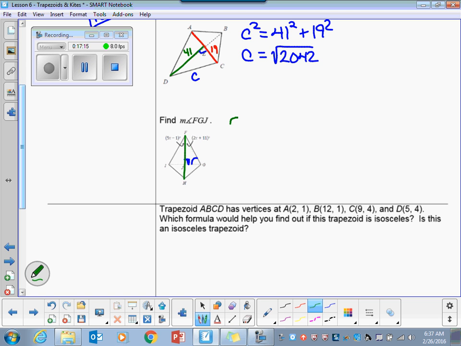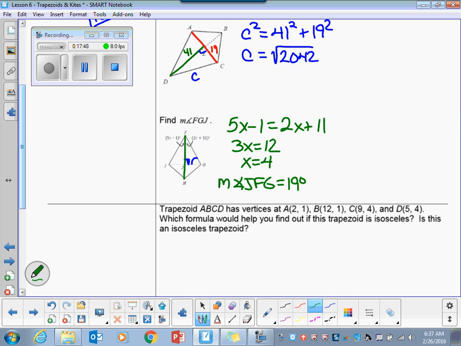That means 5x minus 1 equals 2x plus 11. So 3x equals 12, x equals 4. This angle, angle JFG is going to be 2 times 4 is 8, plus 11 is 19.